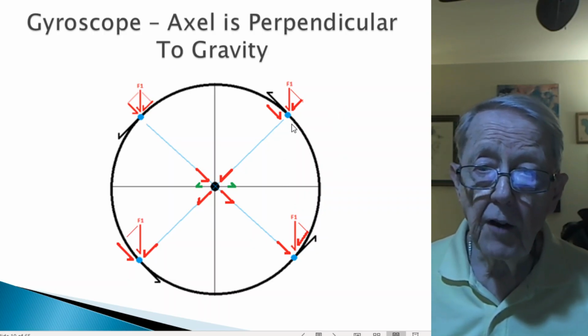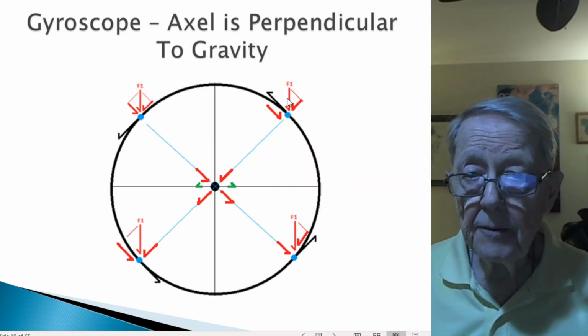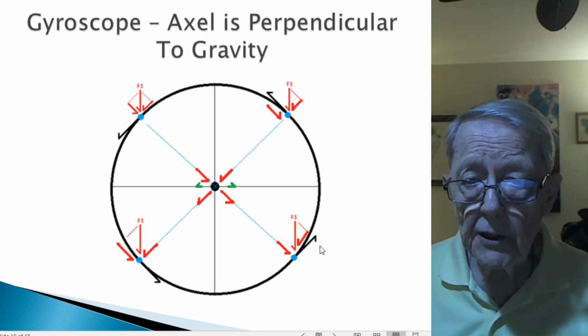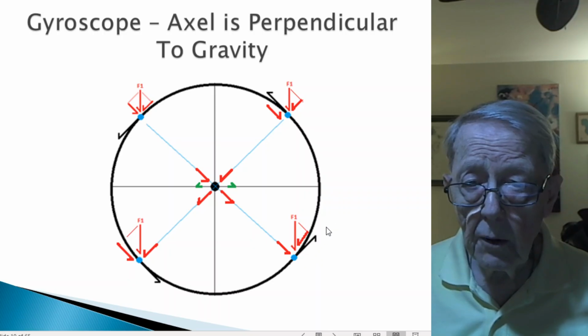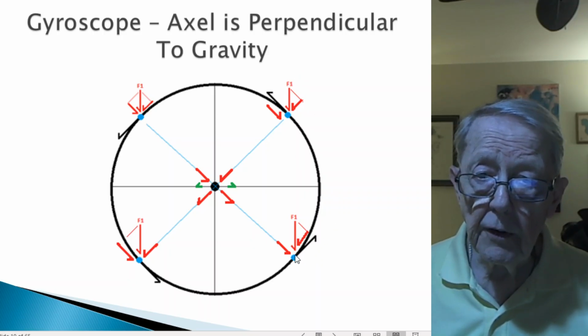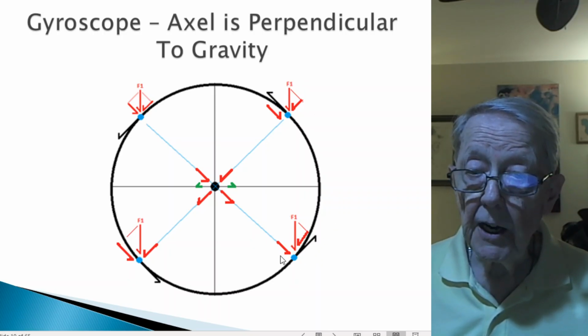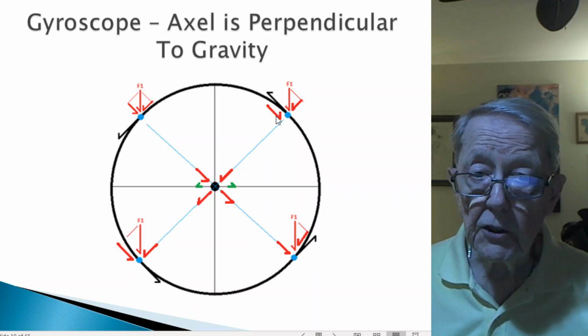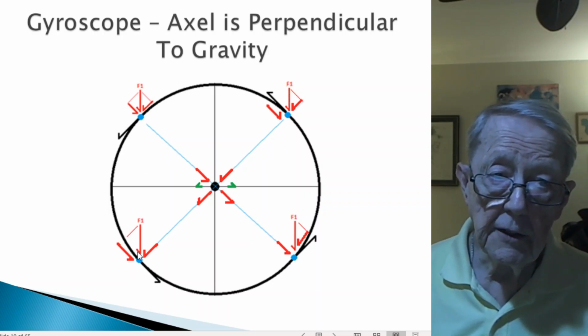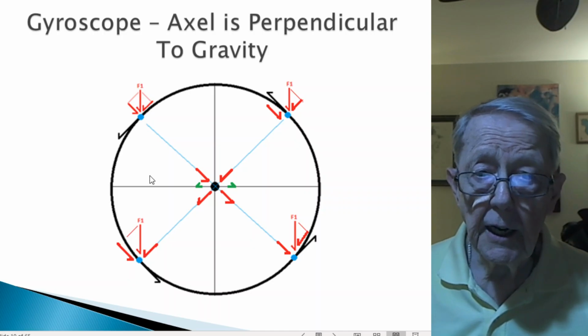And then you have the velocity. On this side, the forces oppose the velocity. Therefore, on this side the gravity has a stronger effect, whereas on this side, the velocity has a stronger effect.